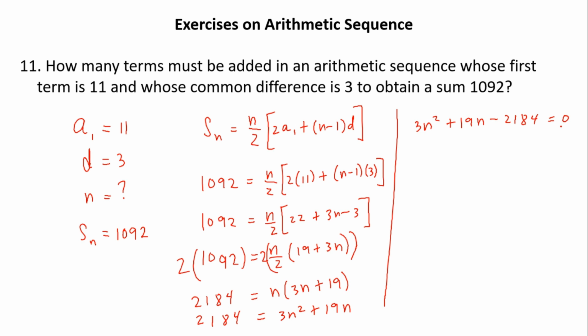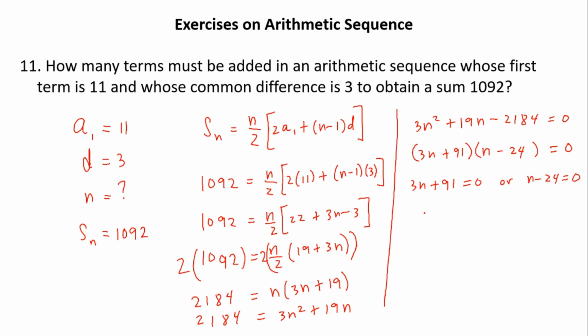Right? Now, we can factor the left hand side. This is actually (3n plus 91) times (n minus 24) equals 0. So either 3n plus 91 equals 0 or n minus 24 equals 0.